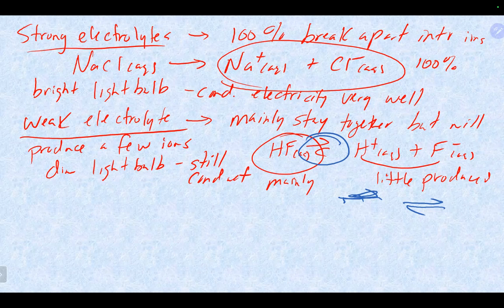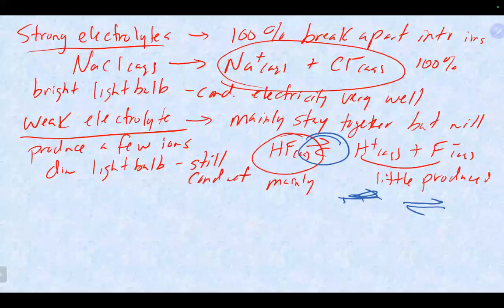And at some point, enough H plus and F minus get made that they decide to recombine and head in the opposite direction, where the H plus and F minus will come back together and make the HF. Eventually, it will reach what is known as chemical equilibrium, but you basically have the reaction heading in both directions.